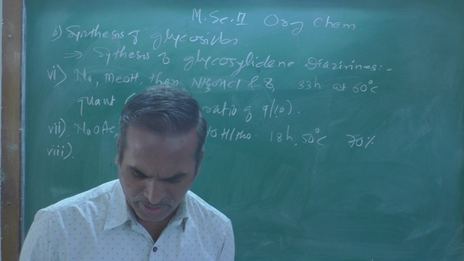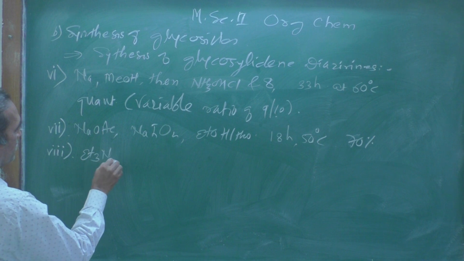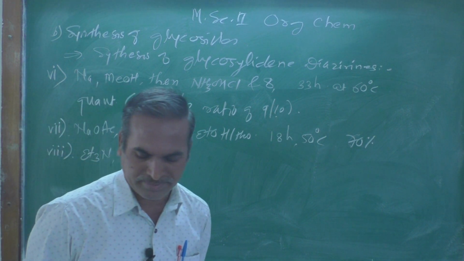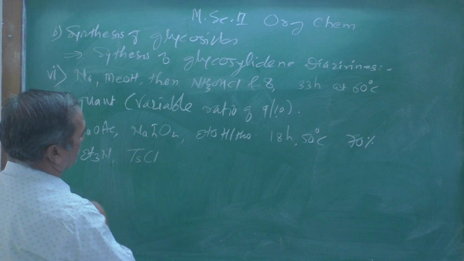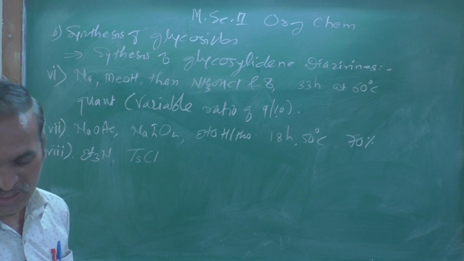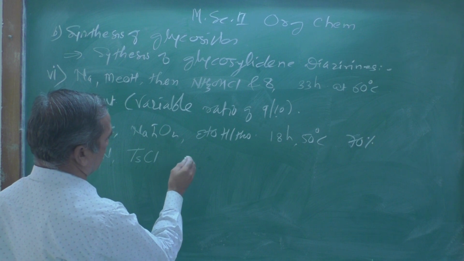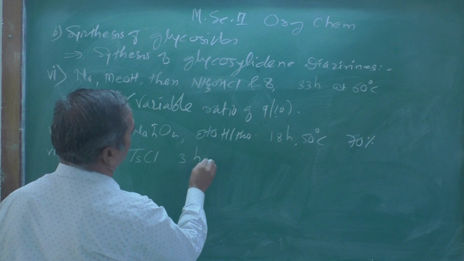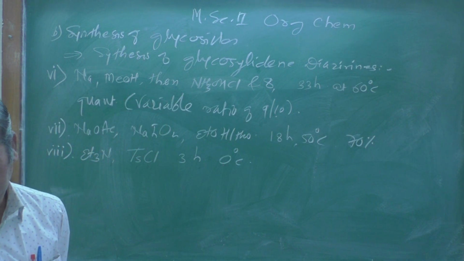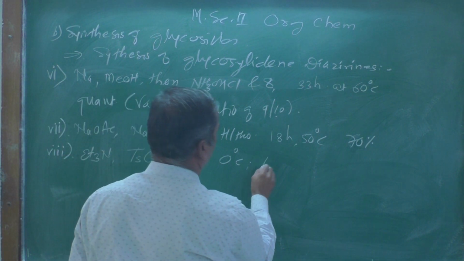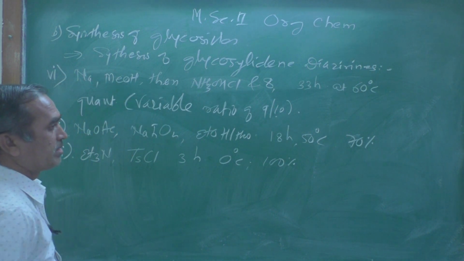Now the structure number 8, it is used with Et3N, that means triethylamine. It is a base. Further it is treated with TsCl, that is tosyl chloride, for 3 hours at 0 degrees centigrade, and the yield obtained is about 100% by this reagent.